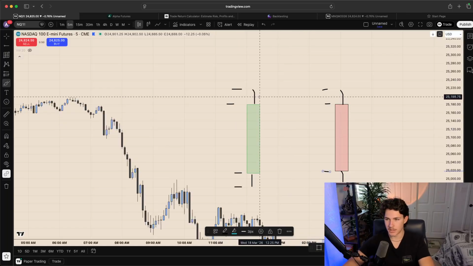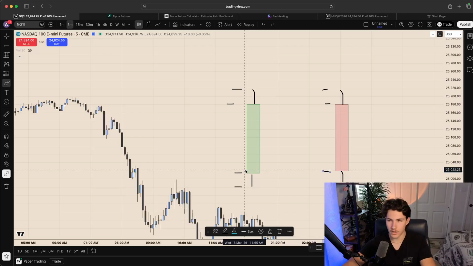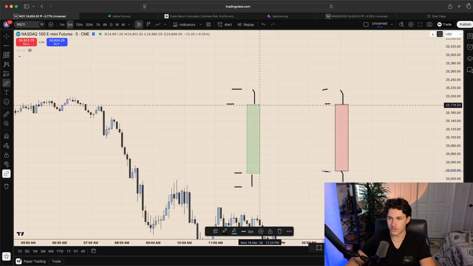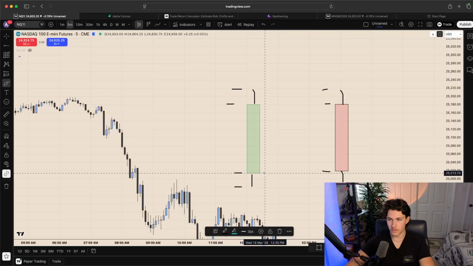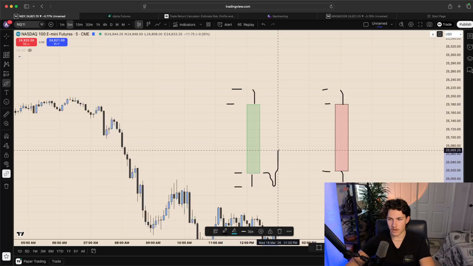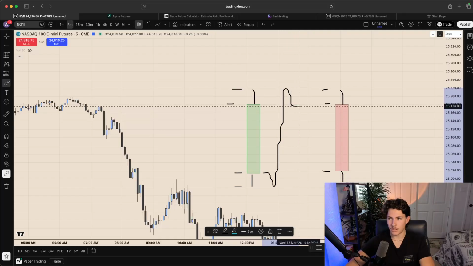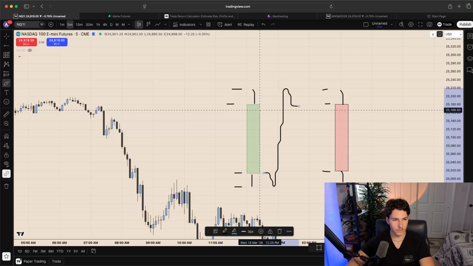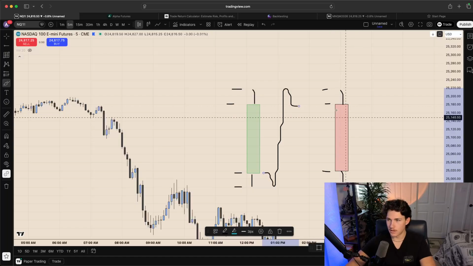Why? Let's break this down. During this 5 minutes, 1 minute, whatever the time interval is, it tells us what price did during that period. For the bullish candle, you have the open down here at the bottom. We put a low in, then we came back up, put a high in, came down, and we closed at this level. Basically, price went up for that minute, that 5 minutes, that 30 minutes, that hour, whatever it is.